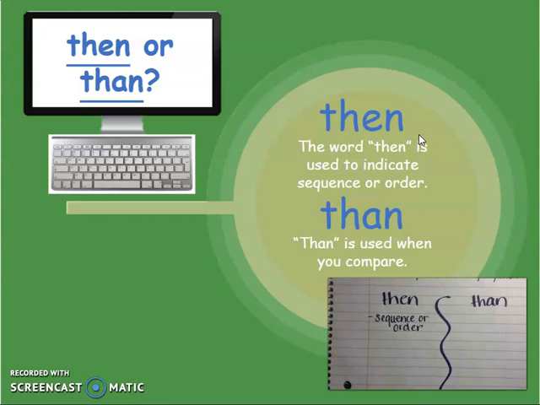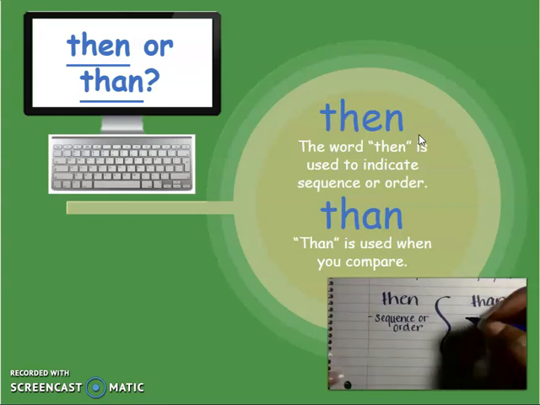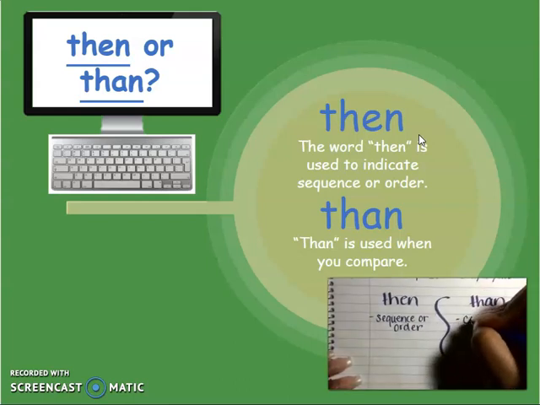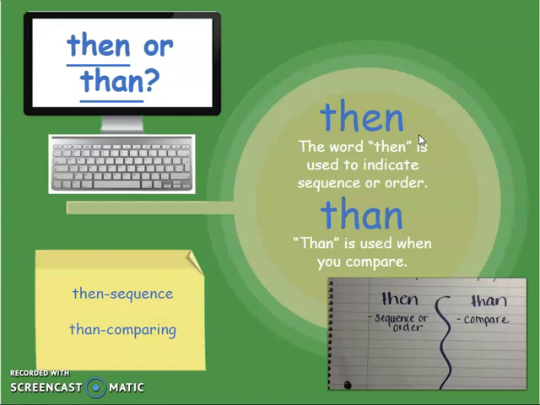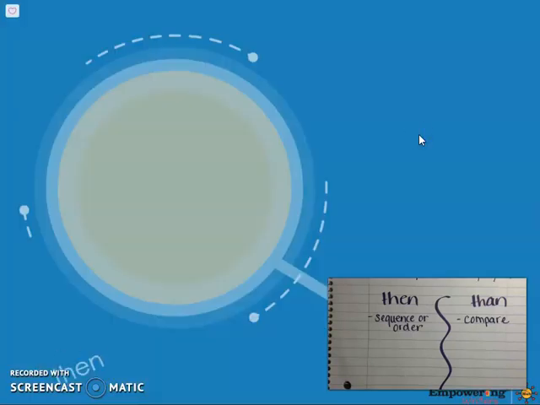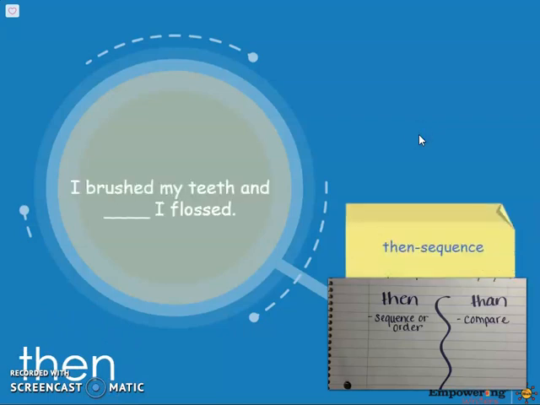Then we use than, T-H-A-N, when we are comparing something. So I would like for you to write compare. One is to sequence, the other is to compare. They are very easy to get confused because they sound very similar, but we are going to use these rules to be sure that we understand the difference. For the first one, then. I brushed my teeth and then, T-H-E-N, I flossed.